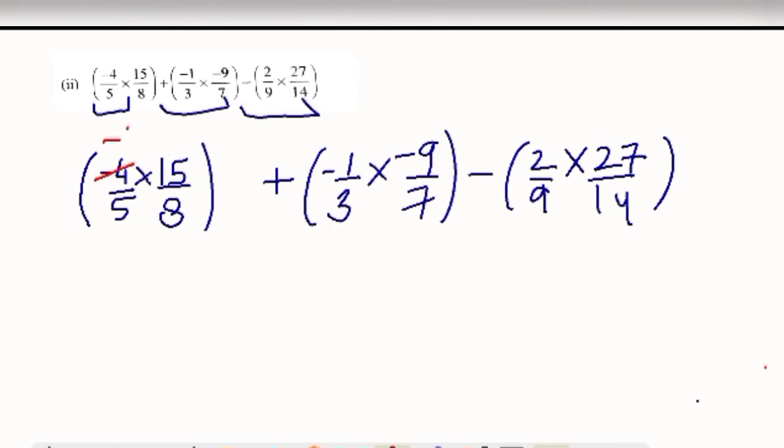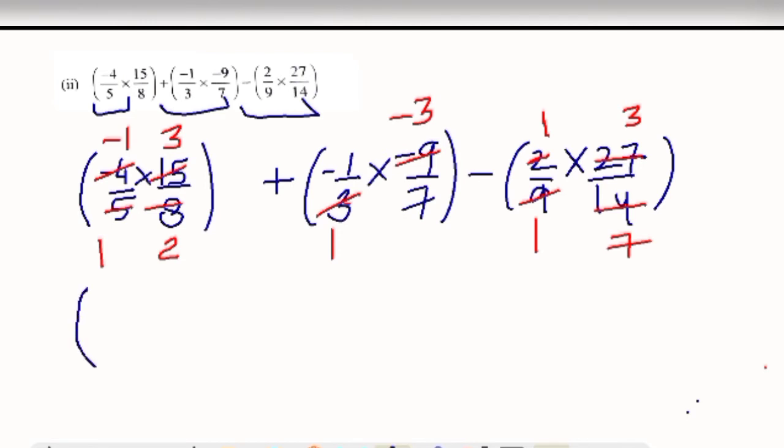4 1s are 4 of minus sign, 4 2s are 8. 5 1s are 5, 5 3s are 15. In this one 3 1s are 3, 3 3s are 9 of minus sign. 9 1s are 9, 9 3s are 27, 2 1s are 2, 2 7s are 14.